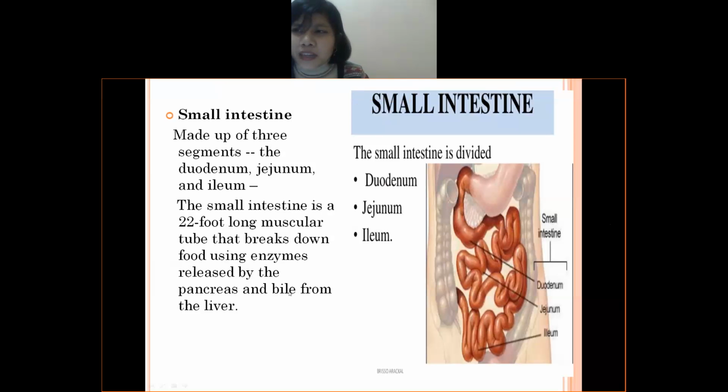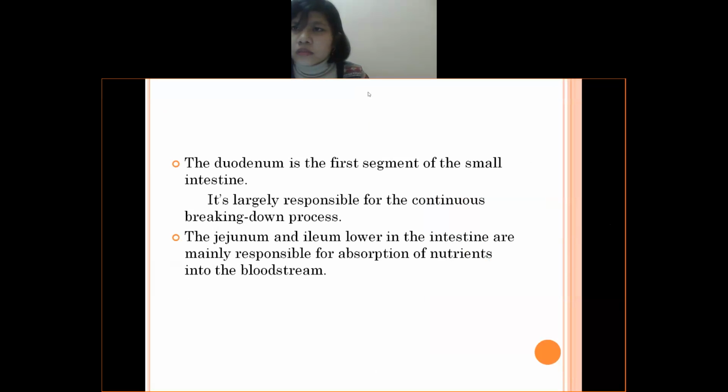What is released by the pancreas and what is this? Bile.